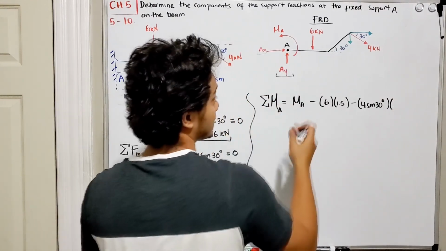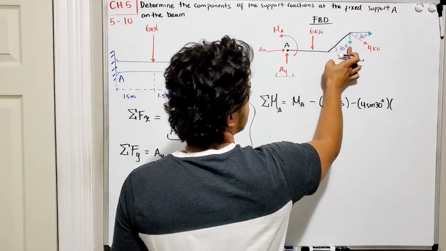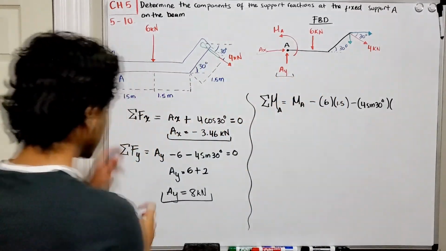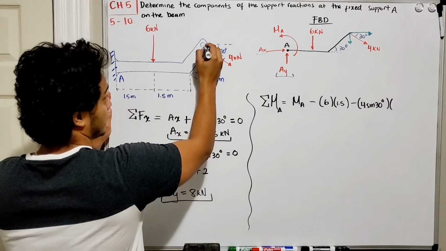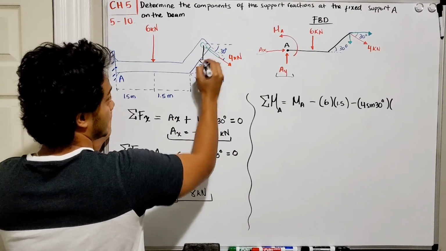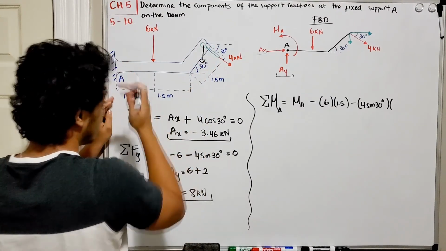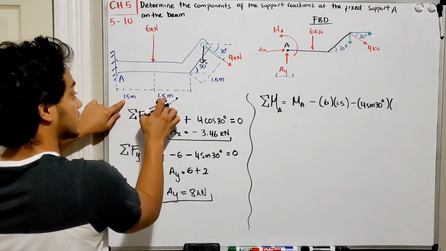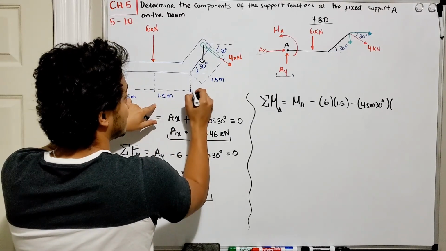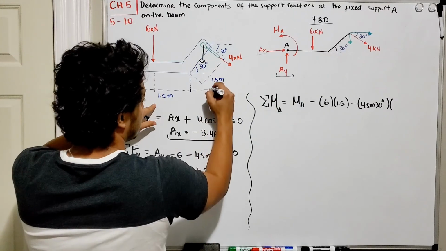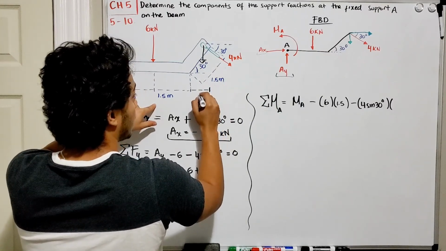Well, what is the distance between this force and my point A? Let's look over here. So this force will look something like here at this point. If we check it out, it has 1.5 meter plus 1.5 meter plus this amount that we don't know yet.